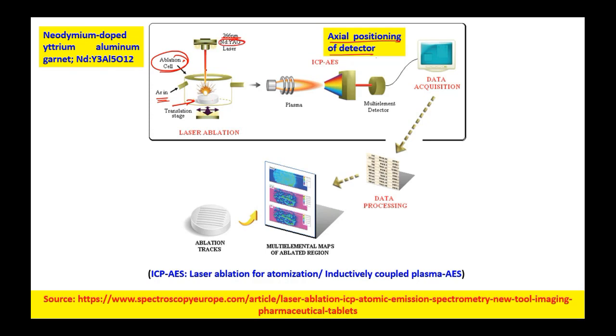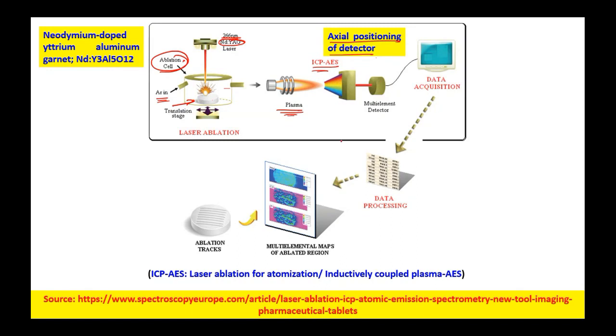After the sample is atomized, this argon gas takes the atoms into the plasma. Then we have the ICP-AES detectors in the axial position, and the signals are captured and we go for the data acquisition.